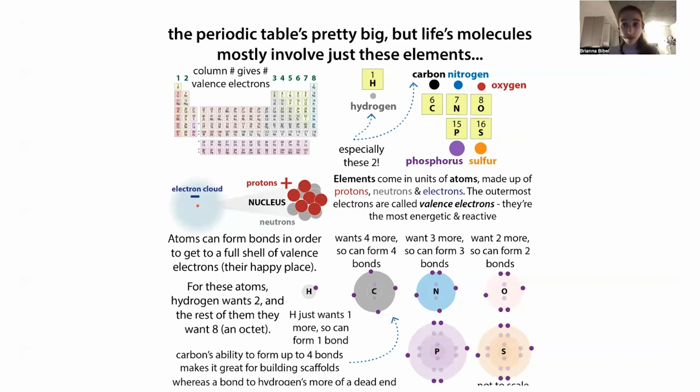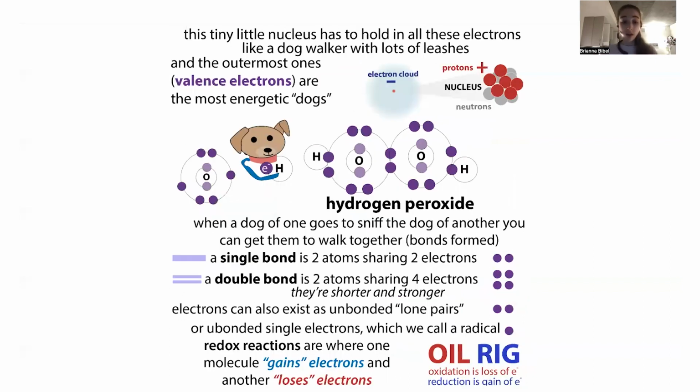You can share electrons to form bonds, and this is a win-win situation for different atoms, that they can share pairs of electrons. They can share a single pair for a single bond or 2 pairs for a double bond.